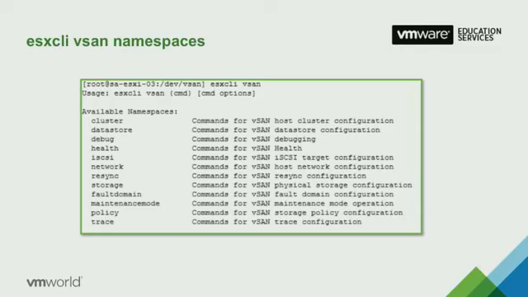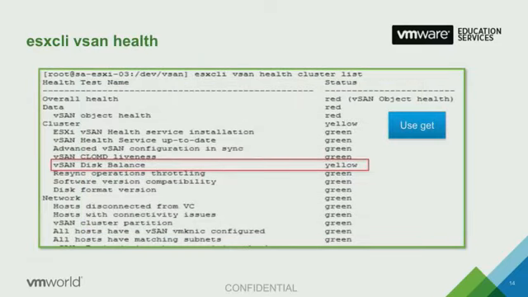You can do so much more in ESXi than you used to be able to do. So for those of you that are on 6.0, when you go back, run esxcli vsan, and you will see that you don't have as many of these new features from a troubleshooting point of view. As you can see here, there are ones like debug, health, resync. All of these are really useful from a troubleshooting point of view.